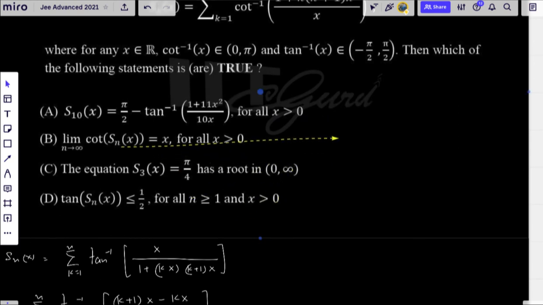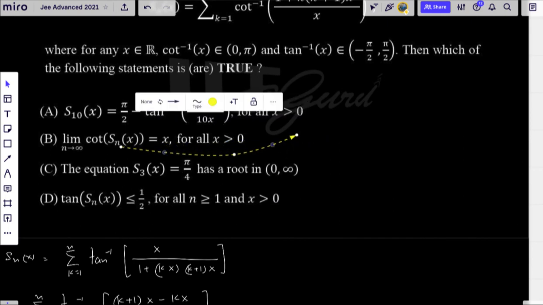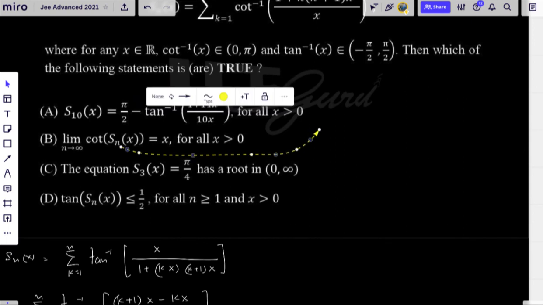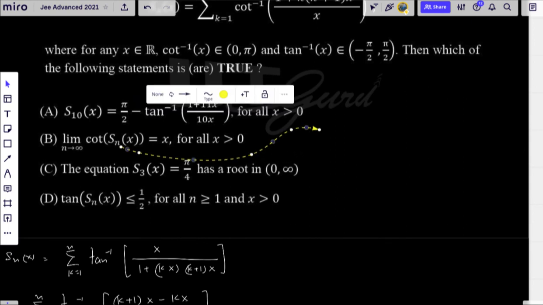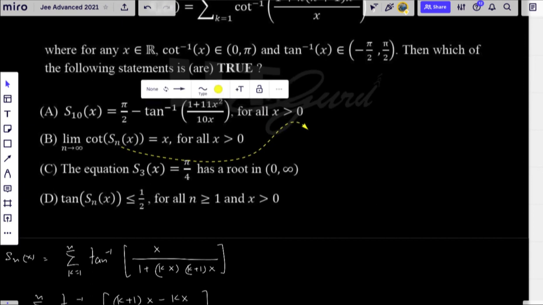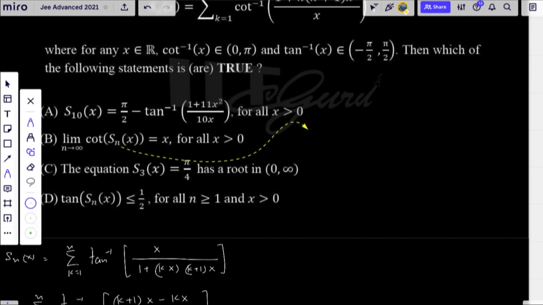So for this part we can do it this way. Fine. So for this part, cot of Sn of x, we can substitute as limit n tends to infinity.